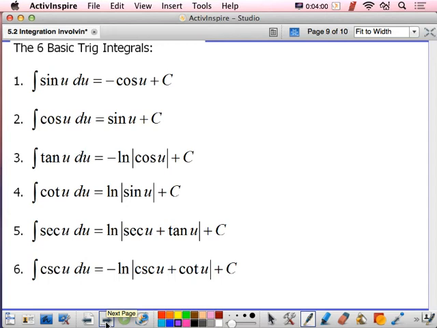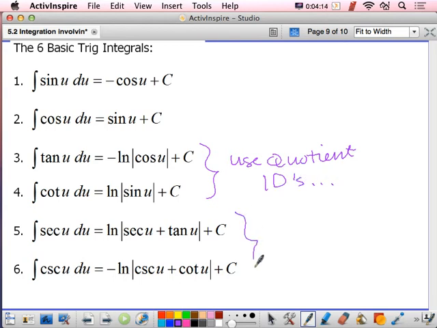We just learned tangent and cotangent. For these, you could use the quotient identities, so you don't really have to memorize them. But these two, and I'll be happy to show you where they come from, are a lot harder to just figure out. So the best thing you could do for these is to just memorize them.